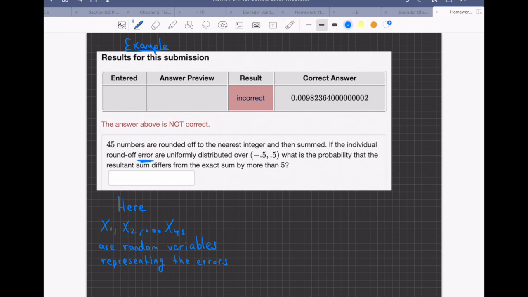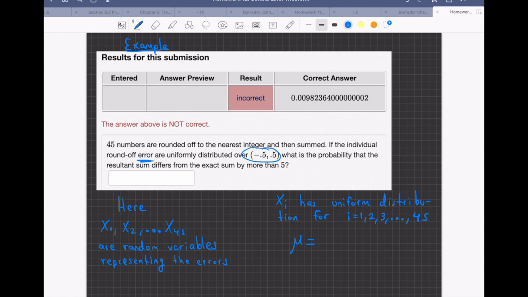So in this case, first, xi has uniform distribution for i equal to 1, 2, 3, and so on, up to 45. The mean for all of these random variables is the same, and it's going to be the mean of the uniform distribution.